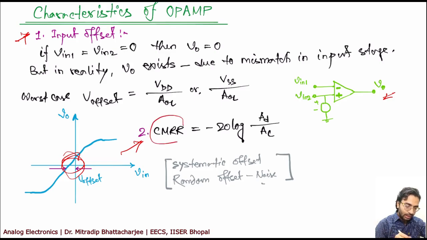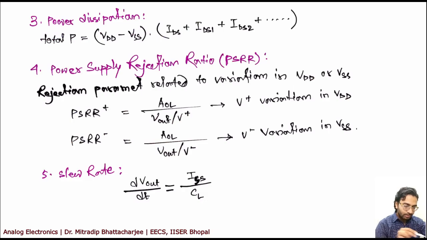Then you have CMRR. Both input offset and CMRR actually come from the mismatch of the circuit, more or less. And I also have discussed the power dissipation, that the total voltage drop and the different parallel currents that you are getting in your circuit is actually your power dissipation. At the same time, I also have discussed the power supply rejection ratio.